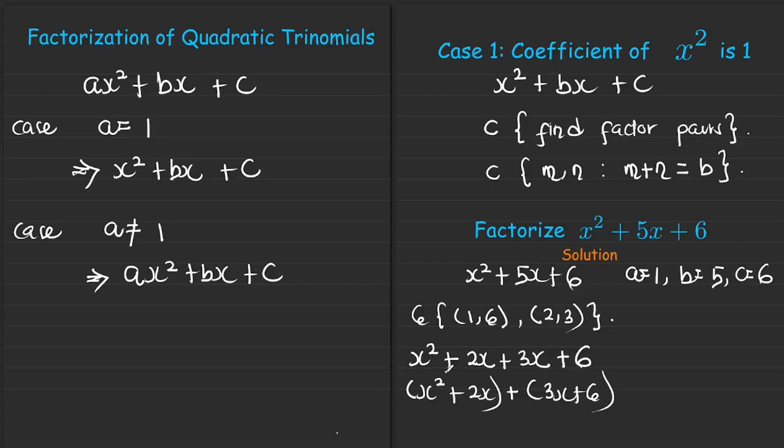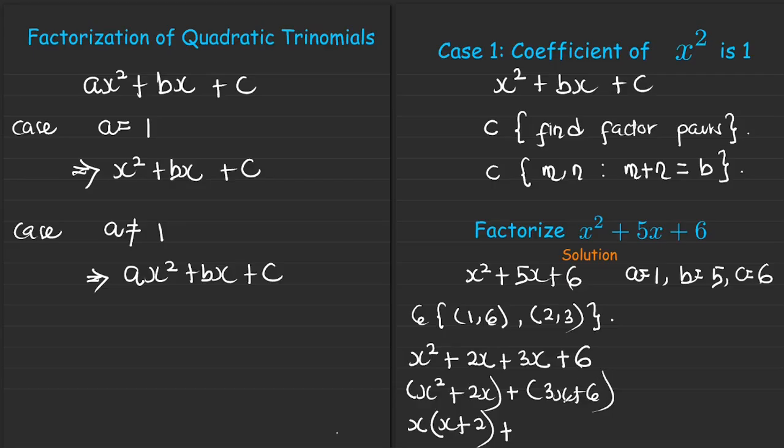We've done all of this, and I'll just go straight to the point. x squared and 2x have x in common. Then with that, we have x times x plus 2. You see, x times x gives us x squared. Then x times 2 gives us the 2x. Then plus 3x and then 6.